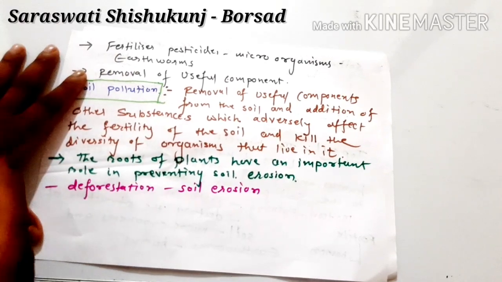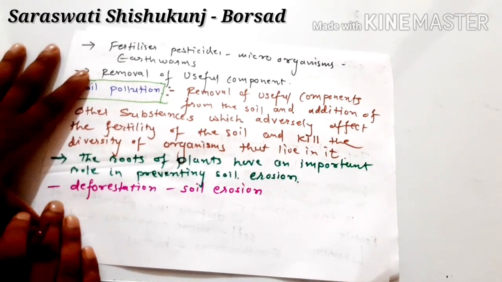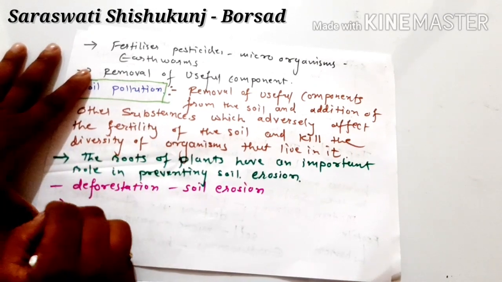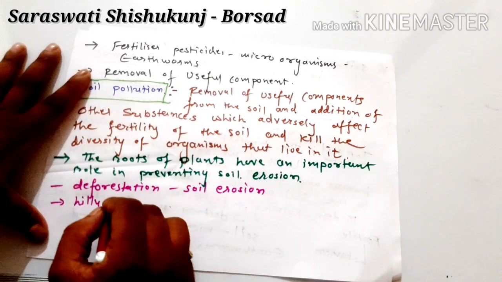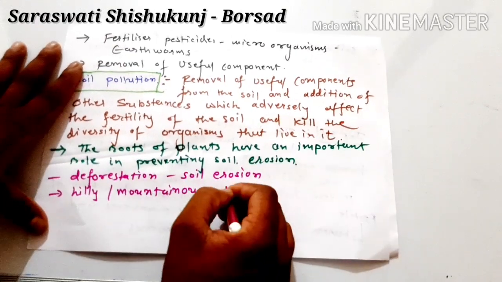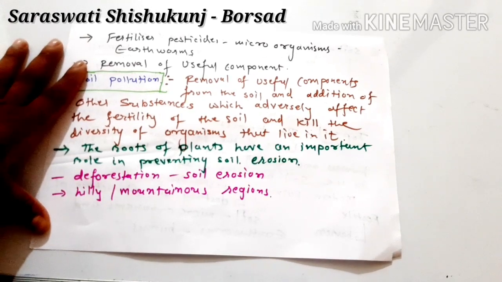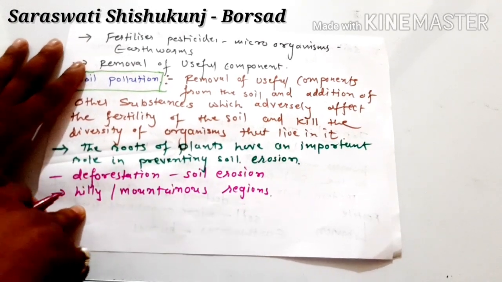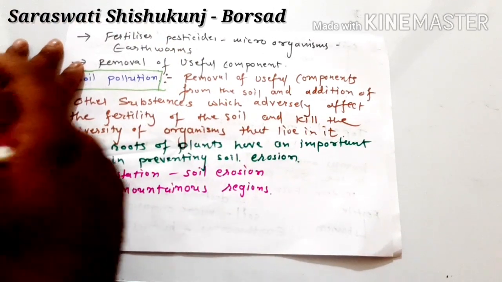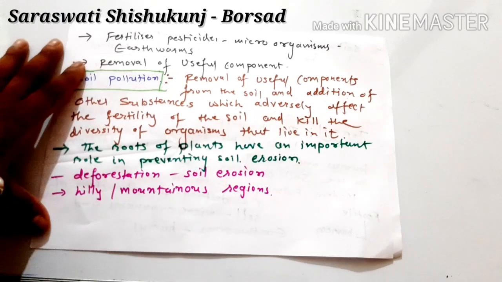Topsoil will be converted into barren soil during soil erosion. This happens very rapidly in hilly areas and mountainous regions, where soil erosion is one of the most important problems. This process of soil erosion is very difficult to reverse.